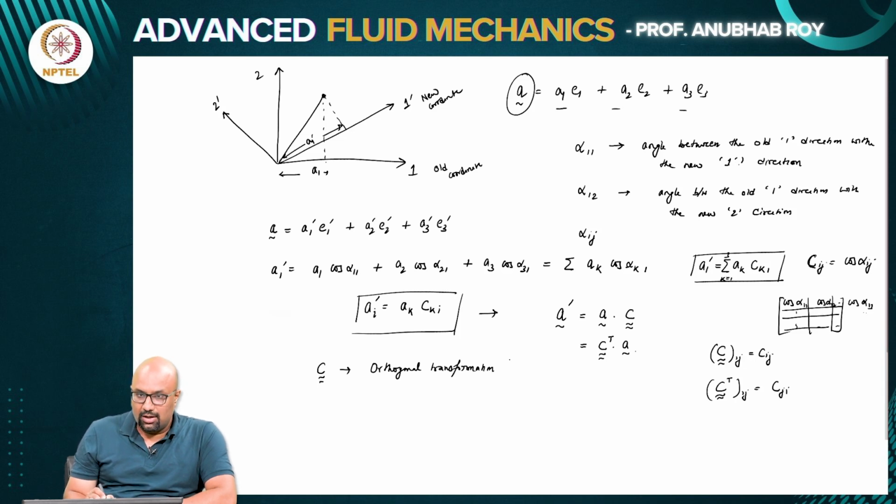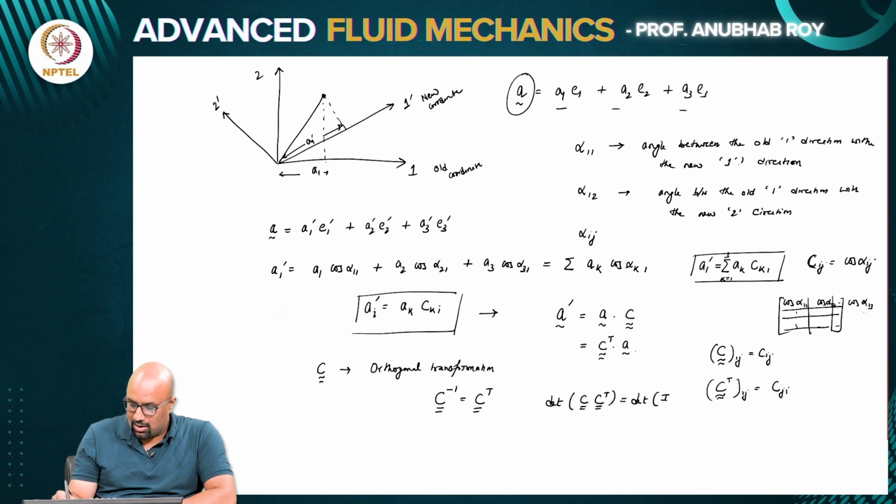What an orthogonal transformation tells us, if you have done this in matrices, is that the inverse of the matrix is its transpose, which means the determinant of C times C transpose is the determinant of the identity matrix, and that is 1.